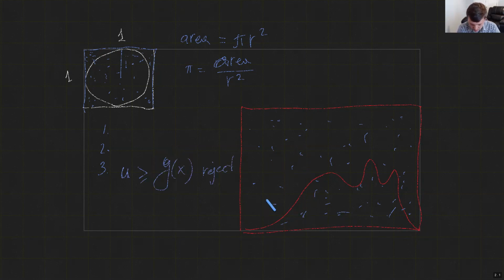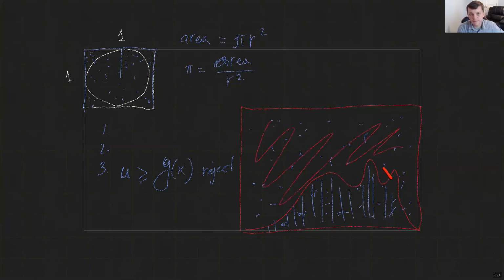What it means in this picture is we keep any sample that is under the curve of your density, and we reject every sample above it. Once we're done with the samples, we only keep their X values, and we get a sample of points that were sampled from the distribution described by this curve.